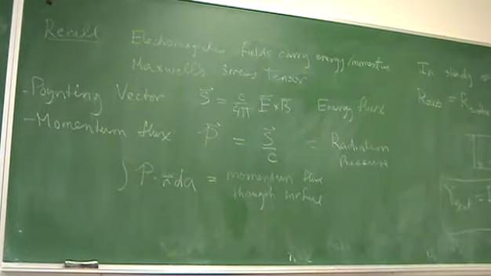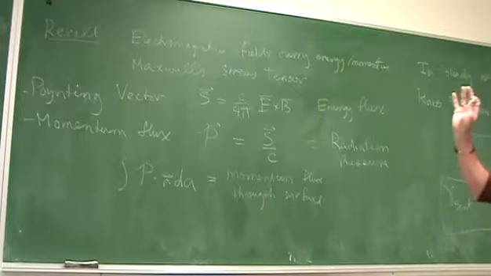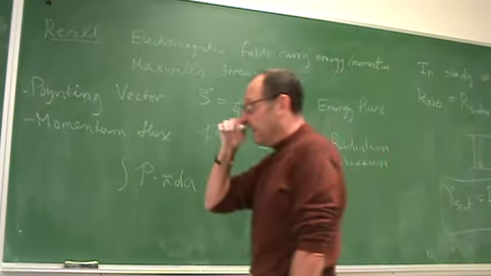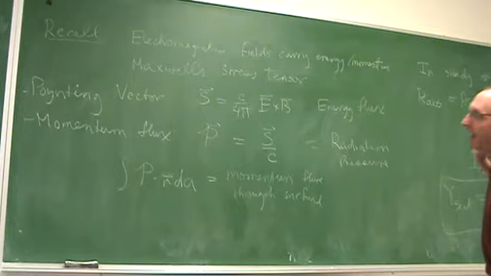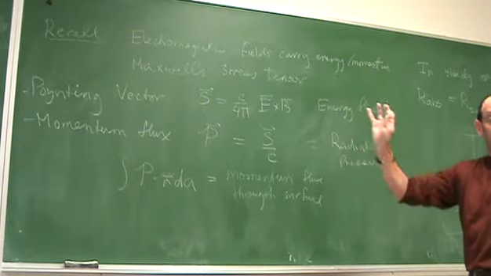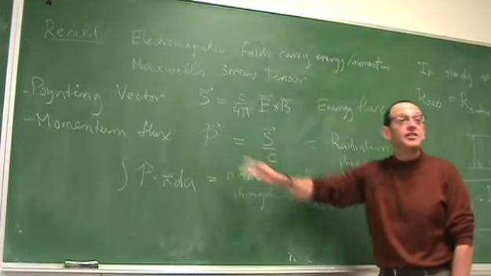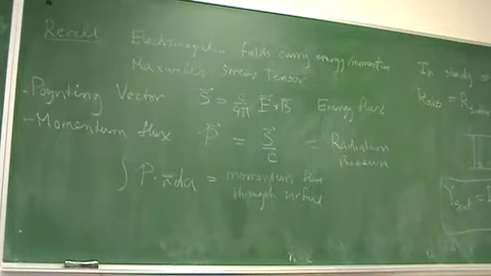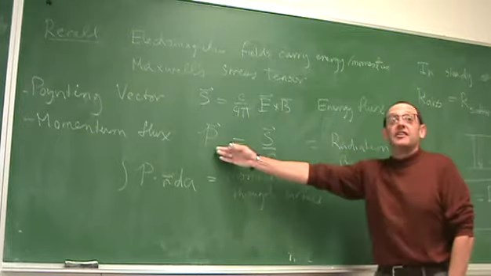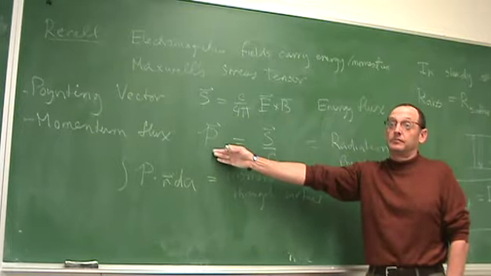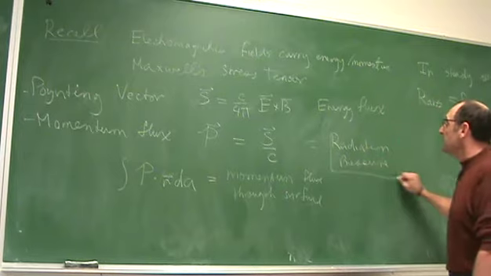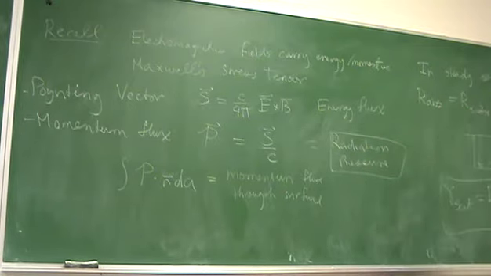That is to say, electromagnetic radiation, if it's propagating, can be absorbed, can exert a force on matter. And the amount of force is related to how much of this momentum flux is absorbed. So radiation pressure is a classical notion.